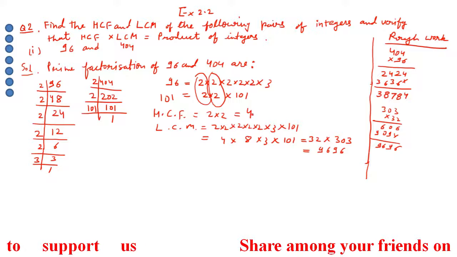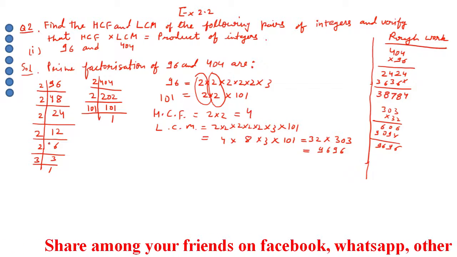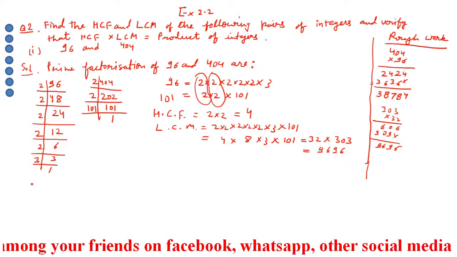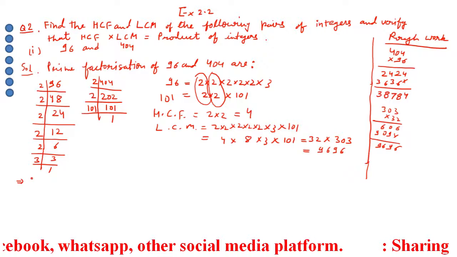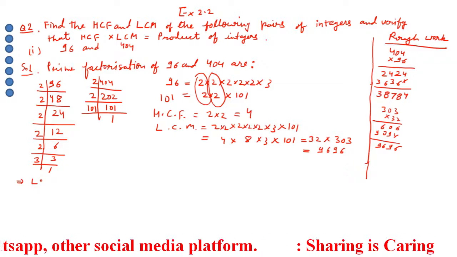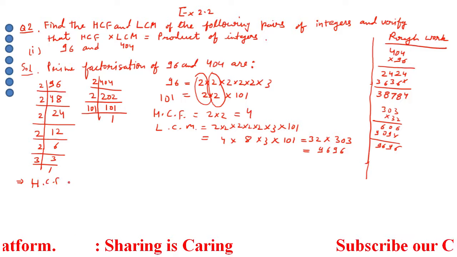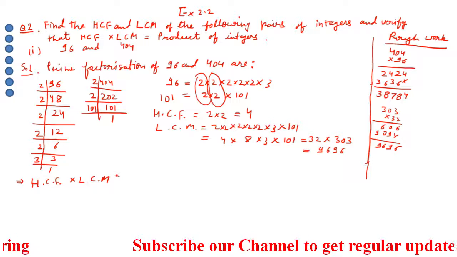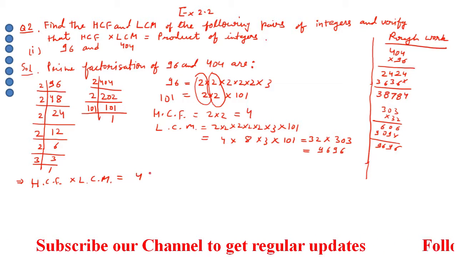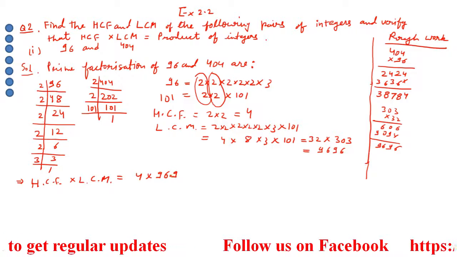So after getting HCF and LCM, what do we have to prove? We have to prove this relation. So we now write down here, which implies HCF multiplied by LCM is equal to 4 multiplied by 9696.